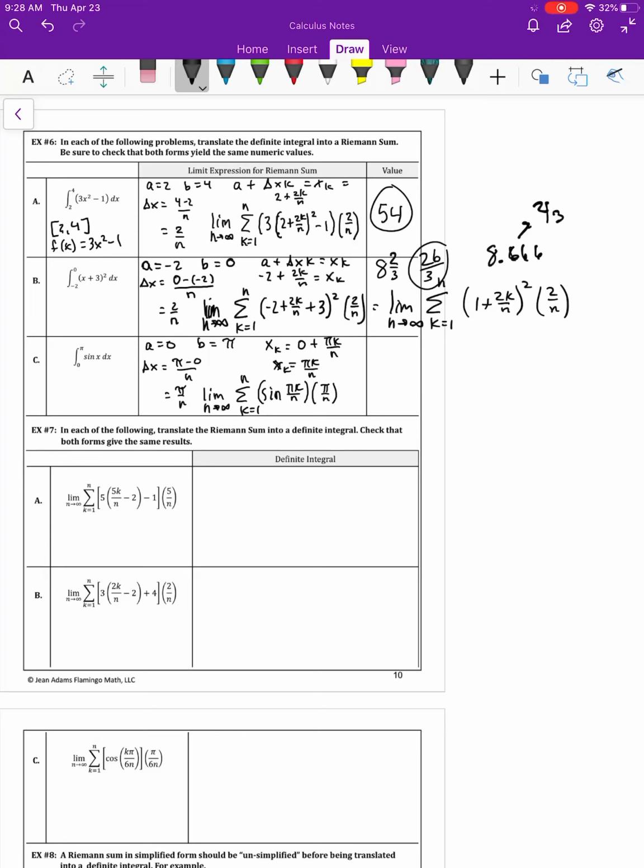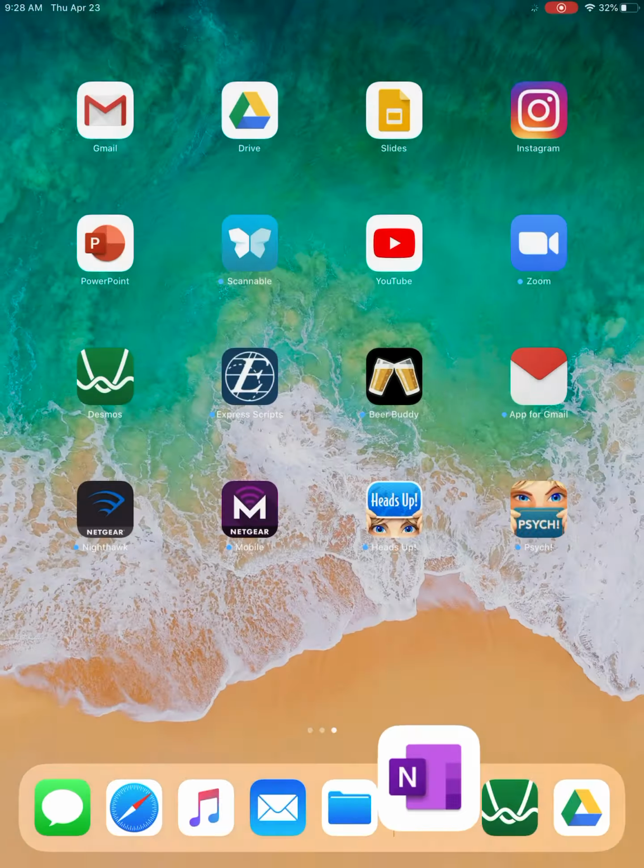So we've got our limit as n goes to infinity, summation k equals 1 to n, and this is going to be the sine of pi k over n. So I'm putting that x sub k in for x in my function, and then that times pi over n.